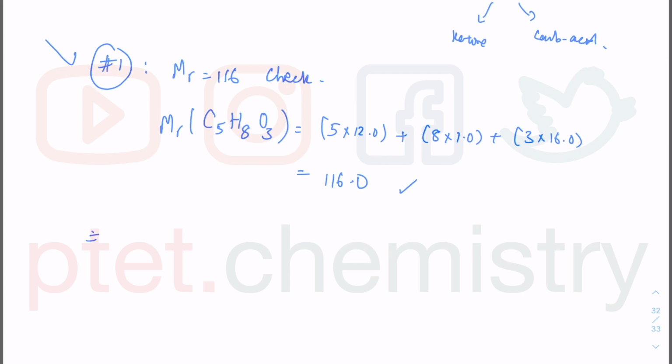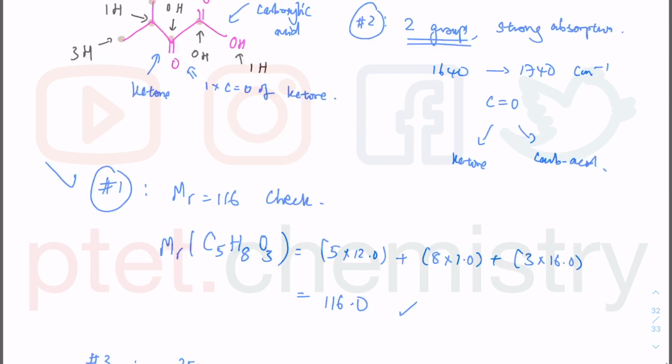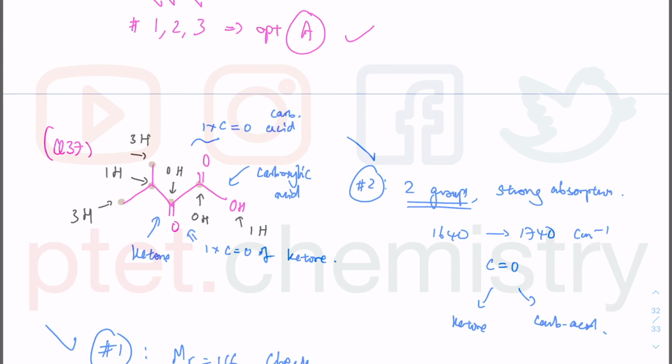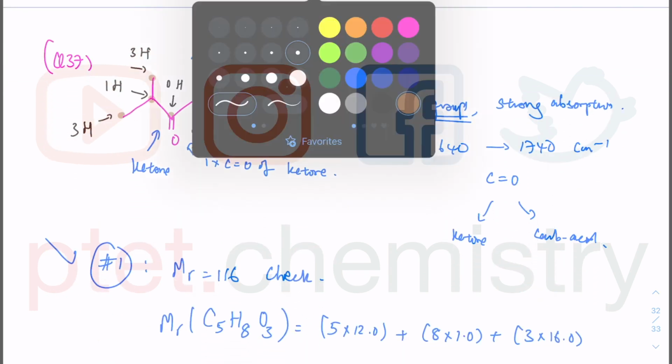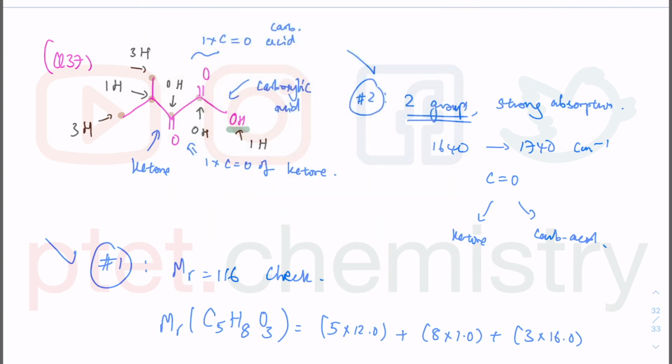How about option 3? What do I have in option 3? It says between 2500 to 3000 wave number is sharp and strong. So we know that the other significant absorption here would be this group here, the OH. So the OH bond will give us a strong broad absorption, not a sharp absorption.